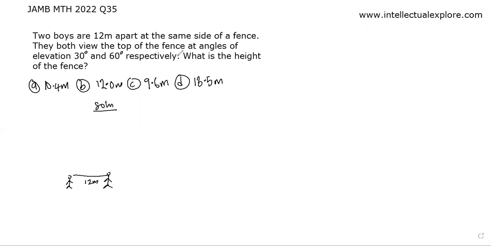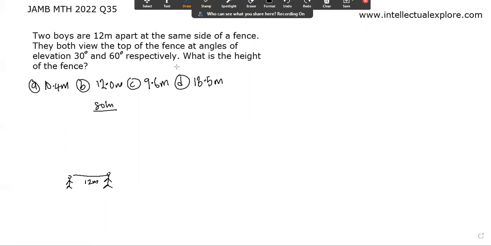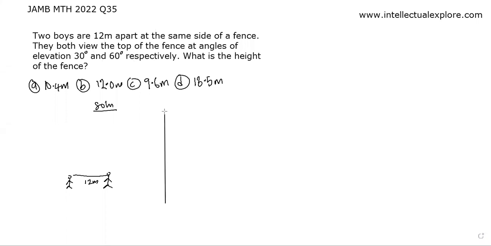They both view the top of a fence at angles of 30 degrees and 60 degrees. That means the first one views it at an angle of 30 degrees. So if this is the fence, the first one views the fence at 30 degrees, while the second one views the top of the fence at 60 degrees.